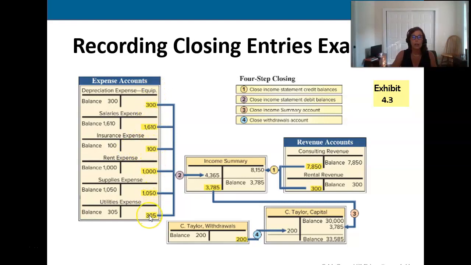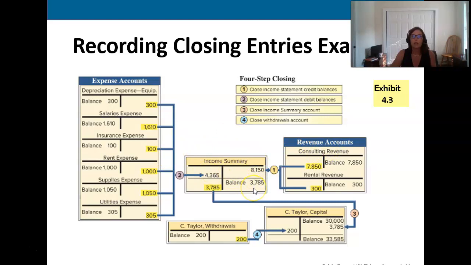All of those credits then get entered, and then we need a corresponding debit someplace, and wouldn't you know, that income summary account serves the purpose. So we now have a balance in our income summary account after having closed out our revenue and our expense accounts.